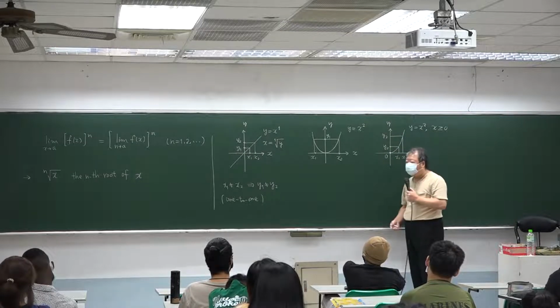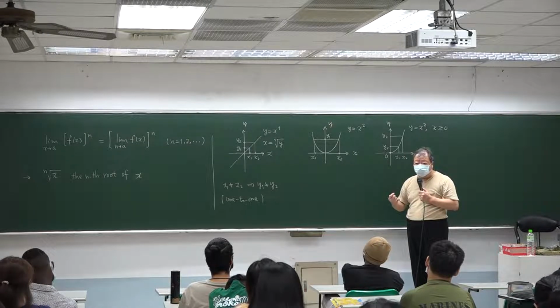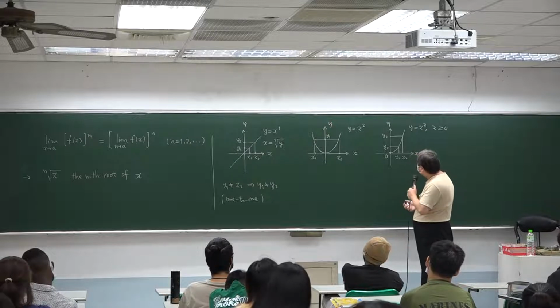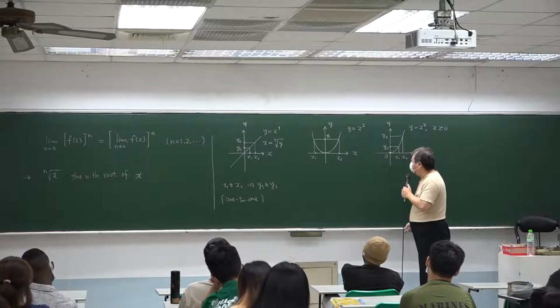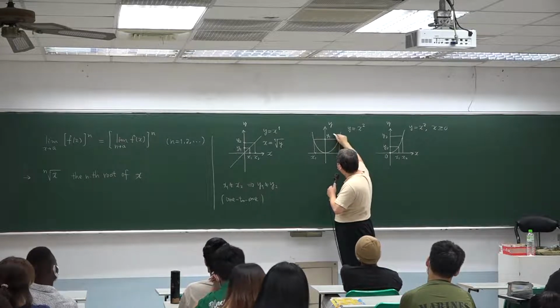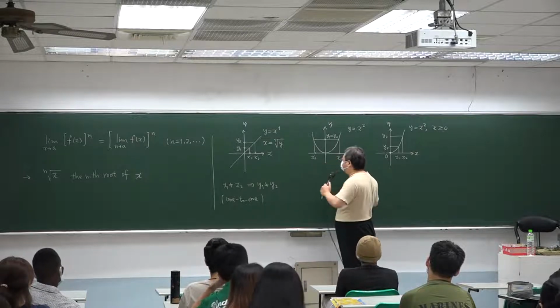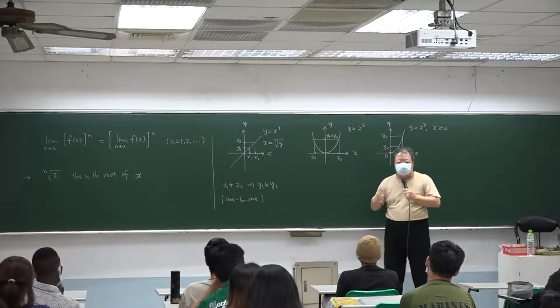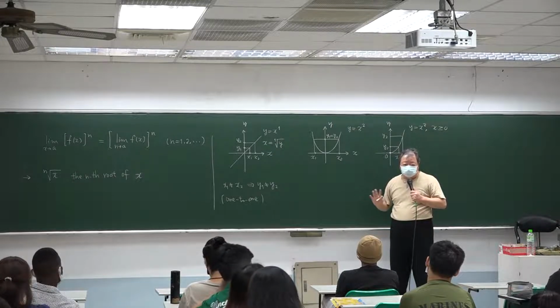A function is nothing but a relation that preserves equality. If these two numbers are the same, these two numbers must be the same, not like this, where y1 equals y2 but x1 and x2 are different. This relation is not a function relation.